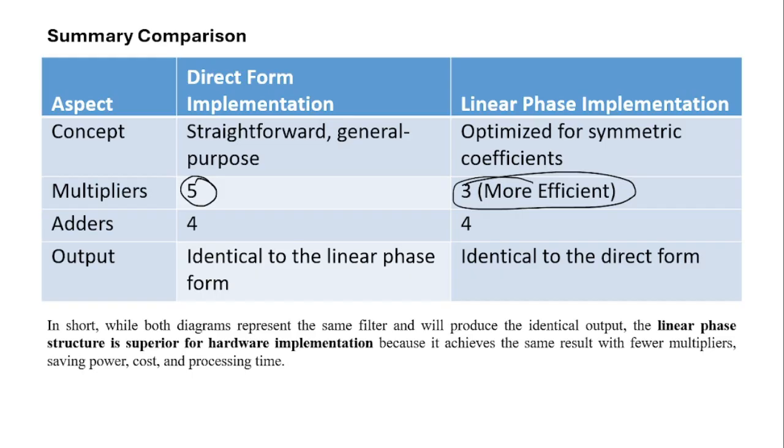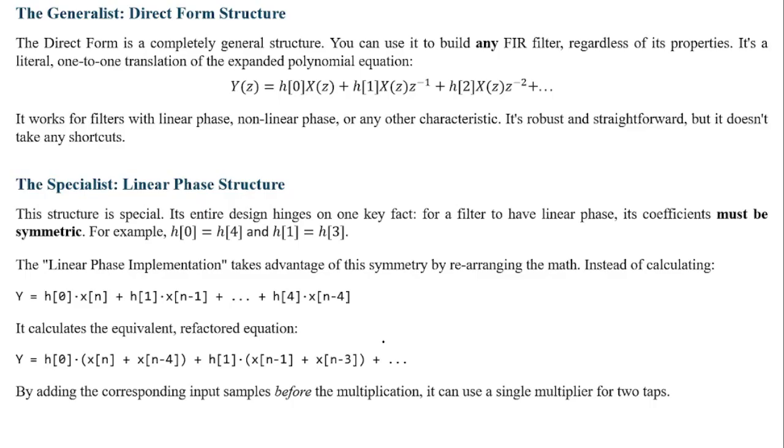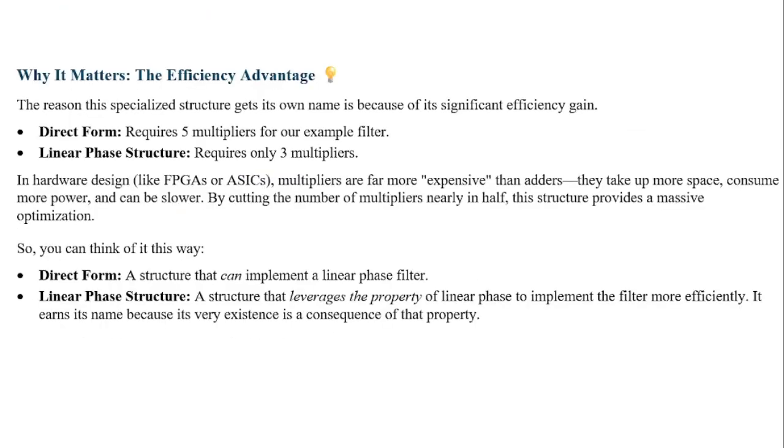And in one system, you will not have only one filter, you will be having a series of filters. So the computational burden will be quite high, and hence this linear phase structure implementation is superior for hardware implementation. Okay, so this is what has been explained.